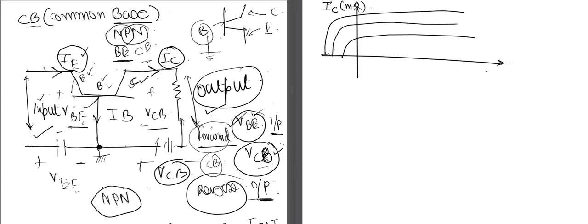The x-axis will be the output voltage, which is VCB in volts, and the parameter we are keeping constant here is the input current, the emitter current. This is the curve at emitter current IE equal to 2 milliamperes, this is at IE equal to 3 milliamperes, and this is at IE equal to 4 milliamperes.